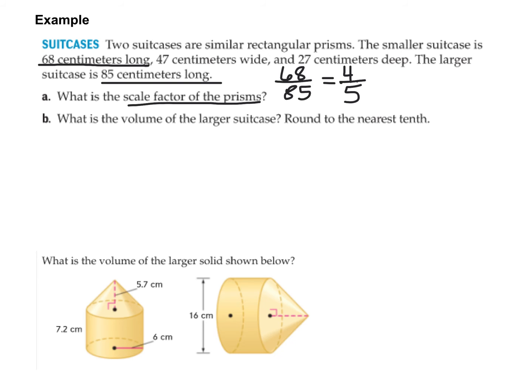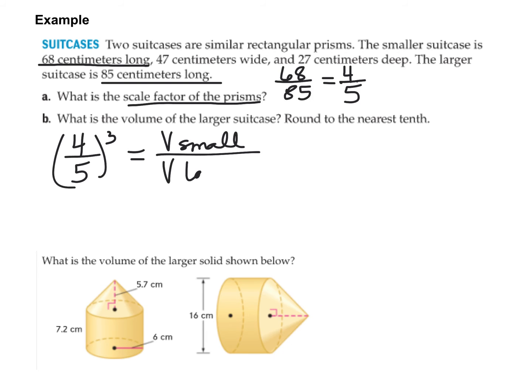Now we want to find the volume of the larger suitcase. To do that, we're going to cube our scale factor, and then we're going to put the volume of the small suitcase over the volume of the larger suitcase. 4/5 cubed is 64 over 125. Now let's figure out the volume of our smaller suitcase since we have all of its dimensions. 68 times 47 times 27 is 86292.